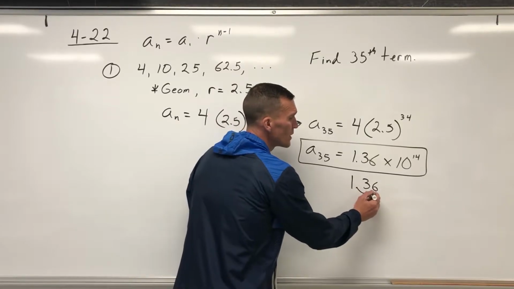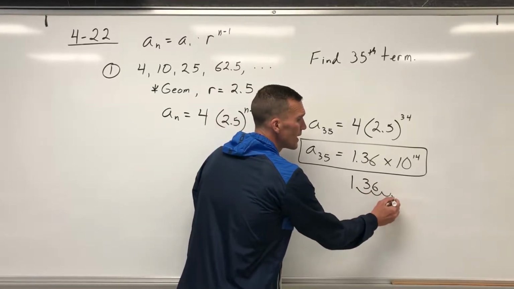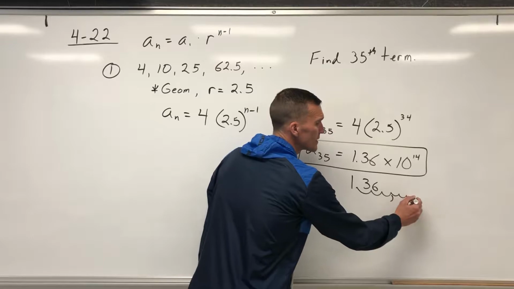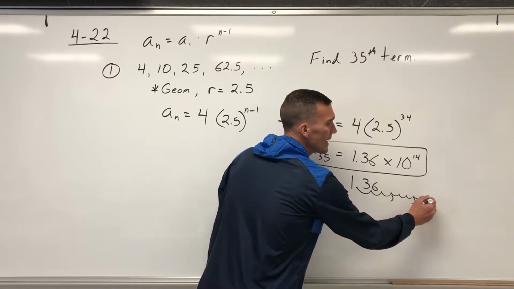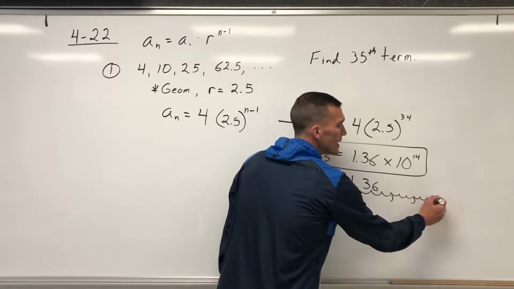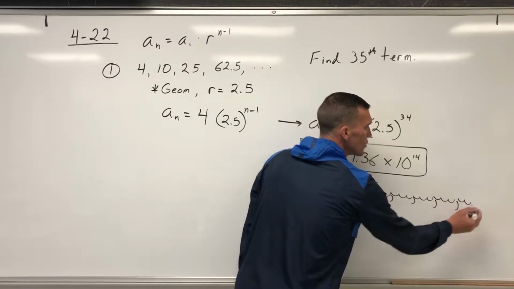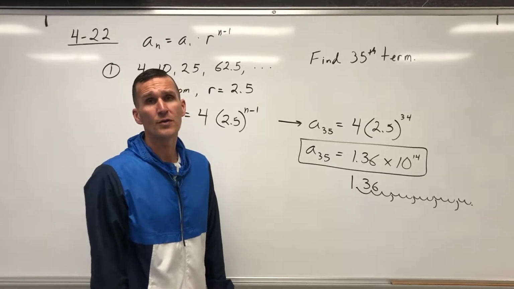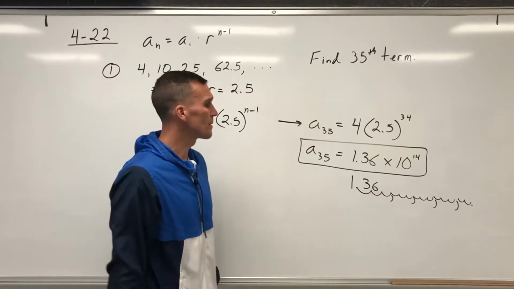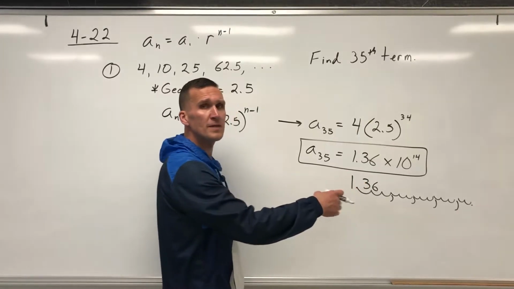So it's 1, 2, 3, comma, 4, 5, 6, comma, 7, 8, 9, comma, 10, 11, 12, comma, 13, 14. Oops, I made a mistake. The comma shouldn't go there. I've seen a lot of kids in the past think that if I move it 3 spaces, it's a comma.